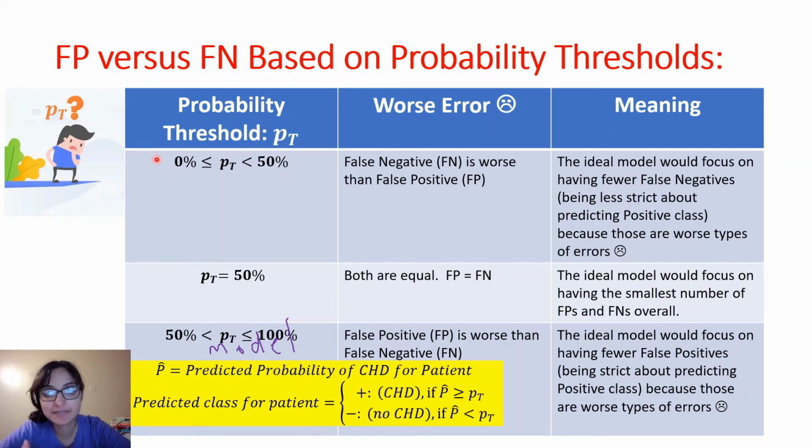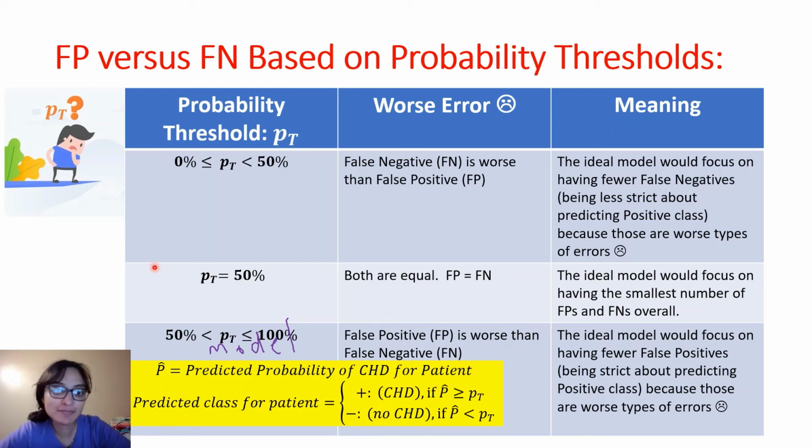So there's a 30% chance that they could have it. That's what you think about. You don't want to deny treatment to them if they have it. That's what you're really scared about. You don't care if they didn't have it and went through unnecessary treatment. That's not as bad to you as them missing out on potential life-saving treatment if they do have it.